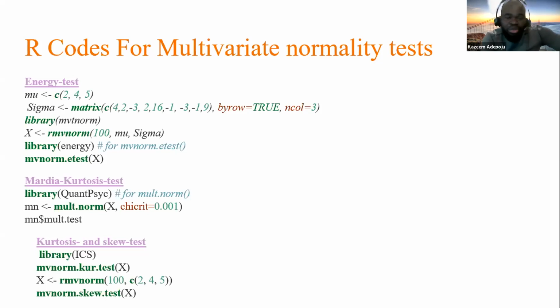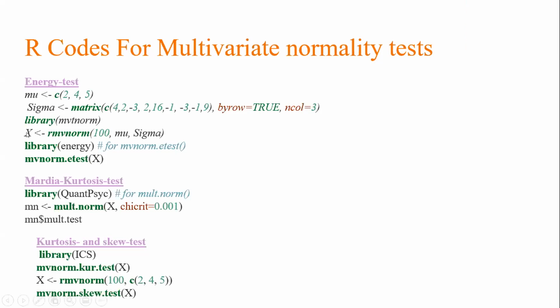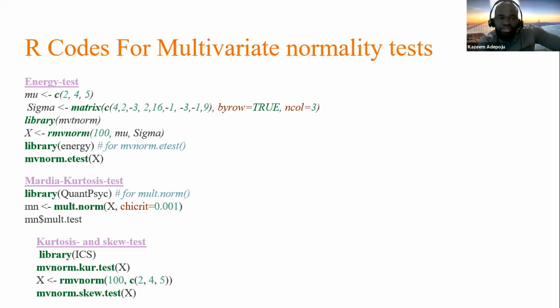Now let me show you. This is your data right here, X. If I give you a set of data, your data set is going to be X, and you have to arrange your data set in matrix form.